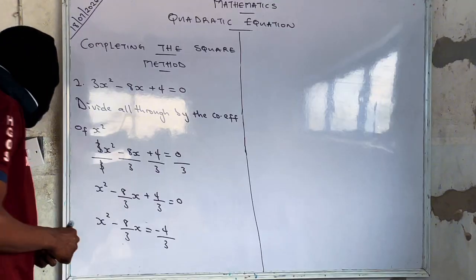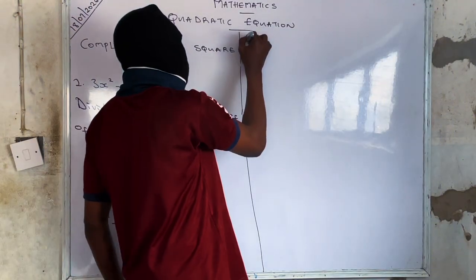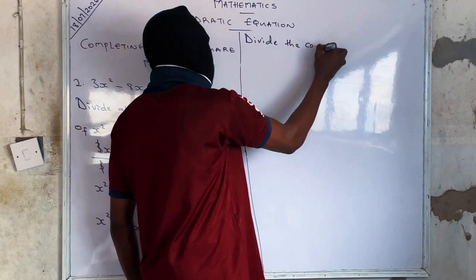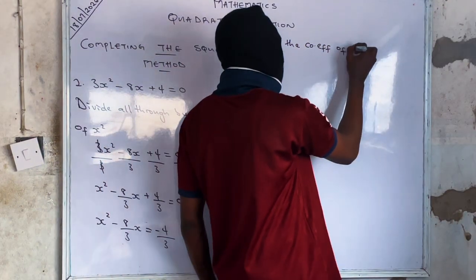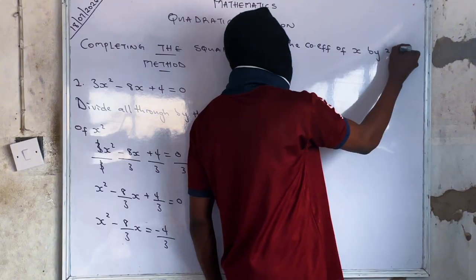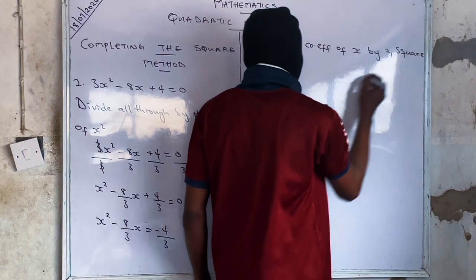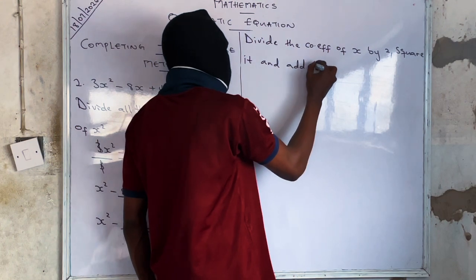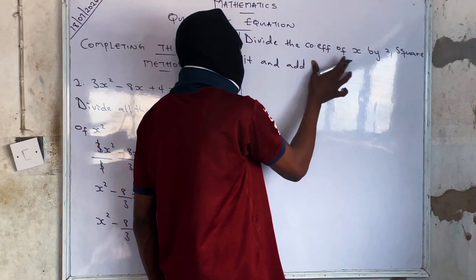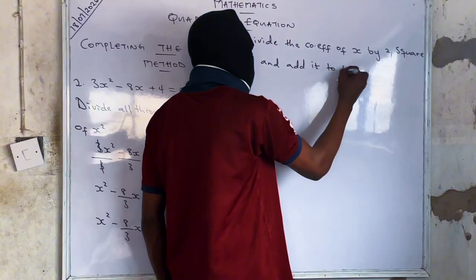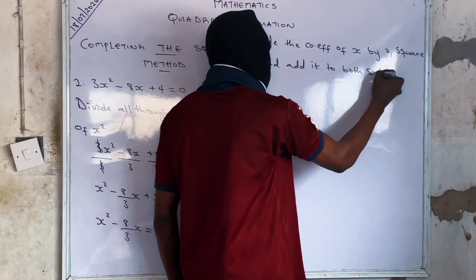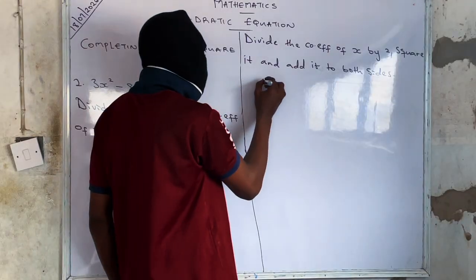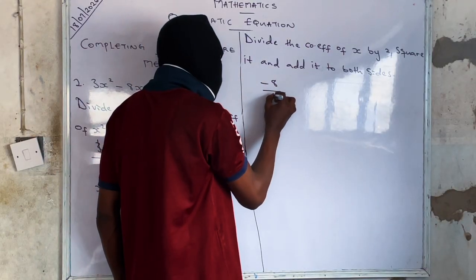Now the second step is we divide the coefficient of x by 2, square it and add it to both sides. Now the coefficient of x here is minus 8 over 3.